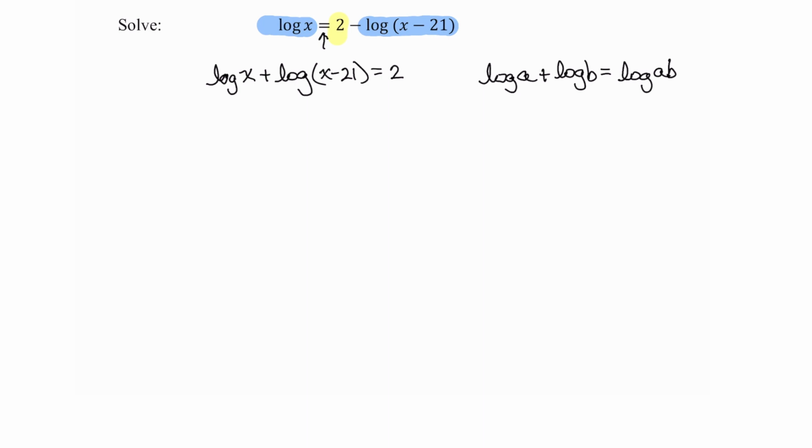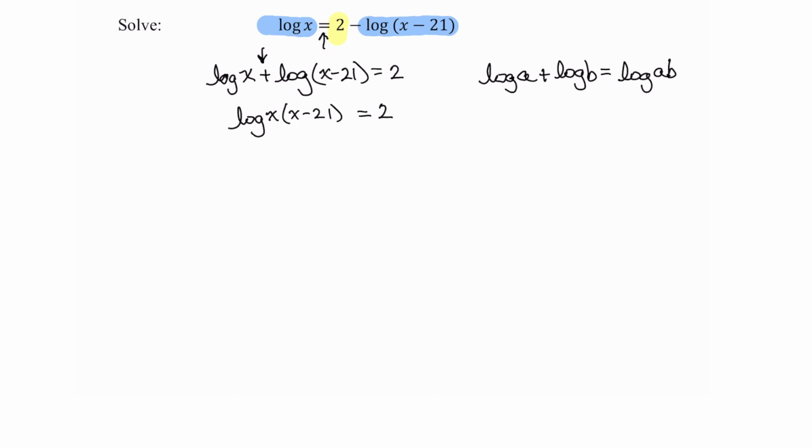So because we see that this is an addition in between, this condensed back is the log of x times x minus 21. So you want to think of that left-hand side kind of exclusively as when you were practicing condensing logarithmic expressions to get it written as a log of one argument on the left.